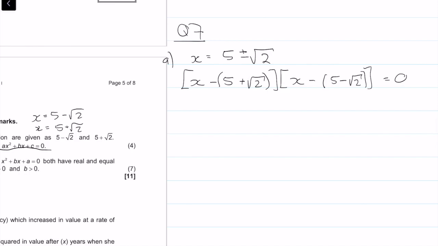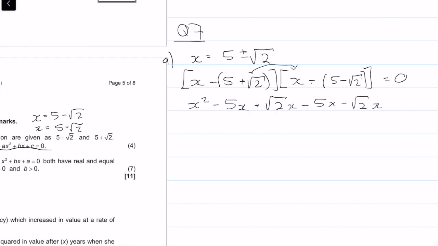Now we have to just multiply these things in. The first one is going to be x squared, and then I'm going to multiply x by this bracket right here, so that becomes minus 5x. Putting this minus in, it's going to be plus the square root of 2x. Now I'm going to multiply this bracket here with that, so that's going to be minus 5x again, and then multiplying that minus in, that's going to be minus the square root of 2x.